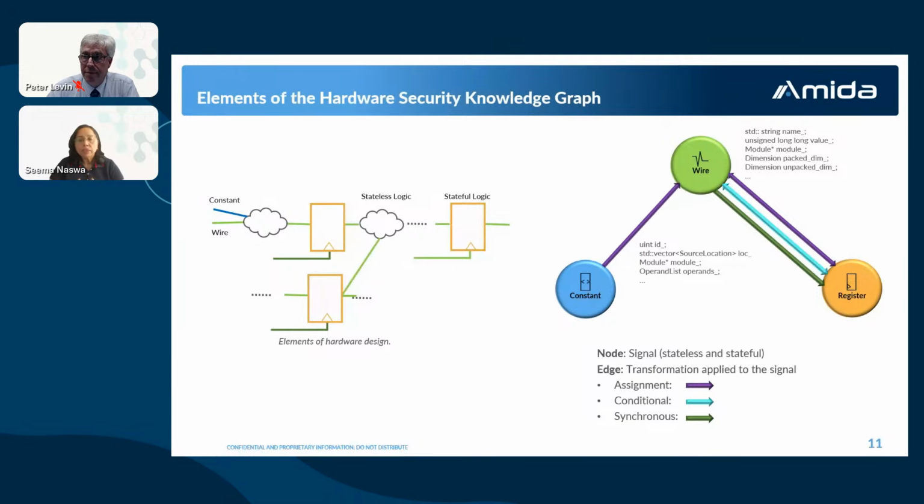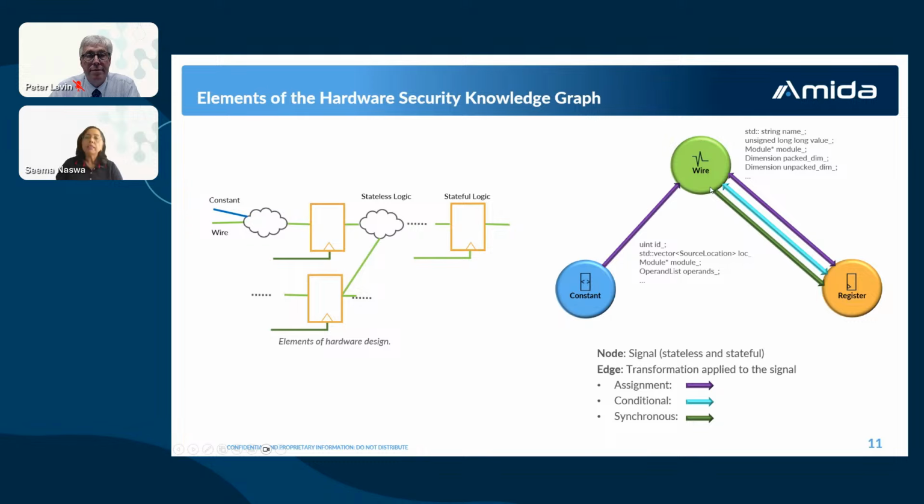Now, what are the key advantages of this knowledge graph? First of all, we can navigate paths across the billions of gates that we have in the design. Like in the previous slide, I showed you how our design goes from a few million RTL lines to billions of gates.